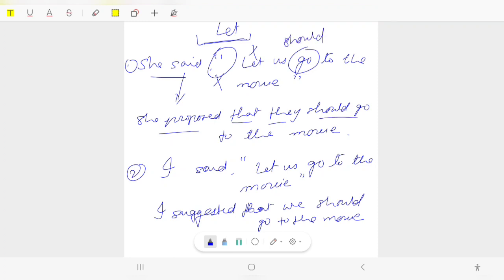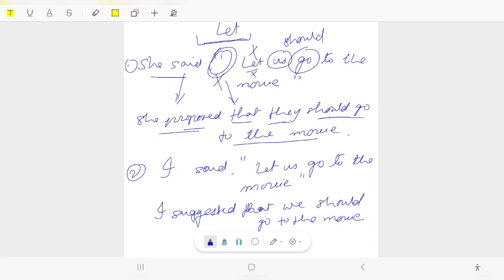That they should go to the movie. She said, let's go to the movie. So said will change into proposed or suggested. At the place of inverted commas, that connector will be used. Let word will be removed and us will be changed into they. Just before main verb, add the verb should.